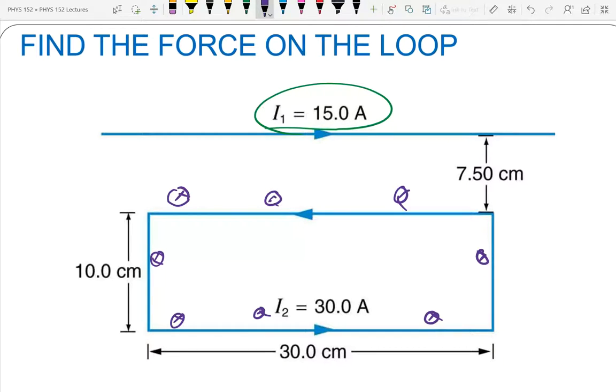So on your left side, the force is coming toward the center, and on the right side, it's also going to be coming toward the center, so those two are going to add up to 0. I don't have to do calculus to calculate what the strength of those two forces are because they add up to 0. And then for the top and bottom, I just use force equals IL cross B, and these have finite lengths, so it's easy to calculate the total force. Keep in mind the magnetic field is going to be different on the top and the bottom, giving me a net force that's not 0.